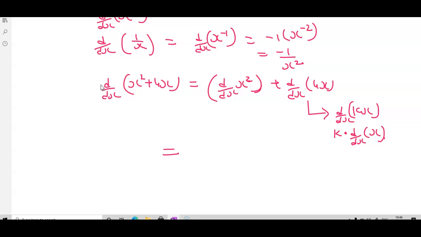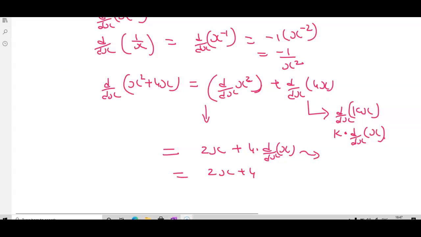So moving on further, this will give me 2x, as x to the power n is n into x to the power n minus 1, and it is 4 into d by dx of x, which is finally 1. So I'll be writing it like 2x plus 4.